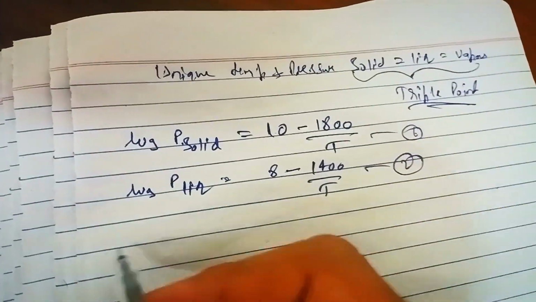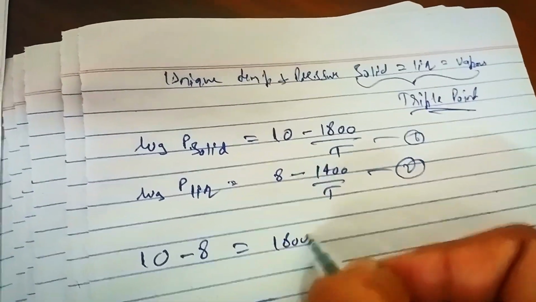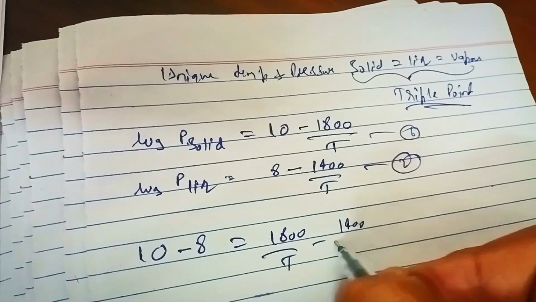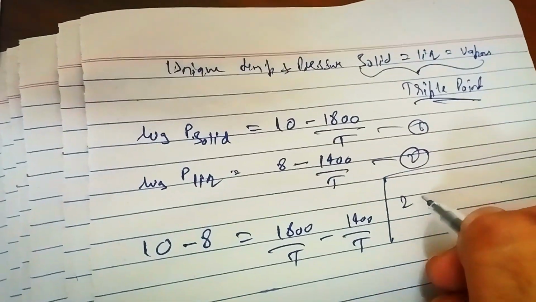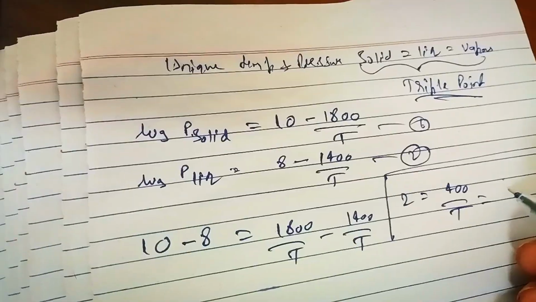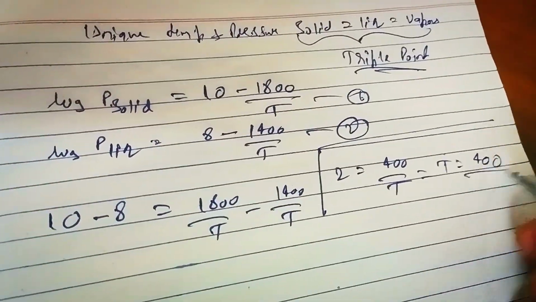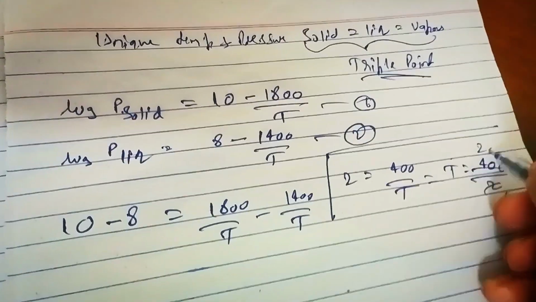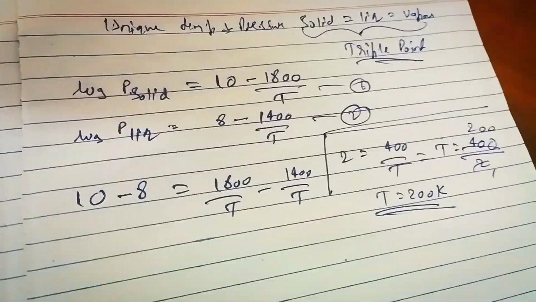By equating equations 1 and 2, we get 10 minus 8 equal to (400)/T, which gives 2 equal to 400 divided by T. So at last we get T equal to 400 divided by 2, which is 200. So T is equal to 200 Kelvin.